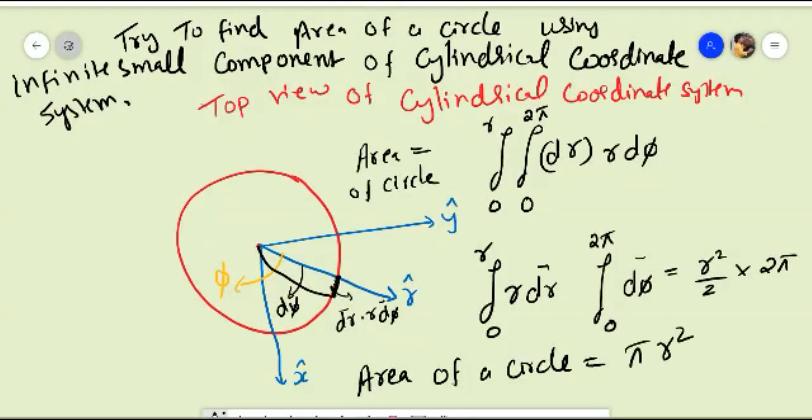This is the common area of a circle which we follow in all our formulas in geometry or coordinate geometry, and we have derived it from these equations. So now you understand that we can derive all these geometric formulas from the cylindrical coordinate system.